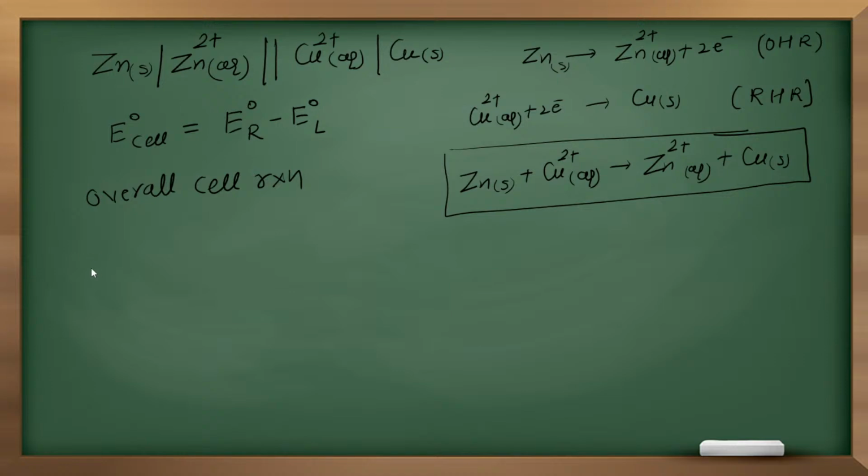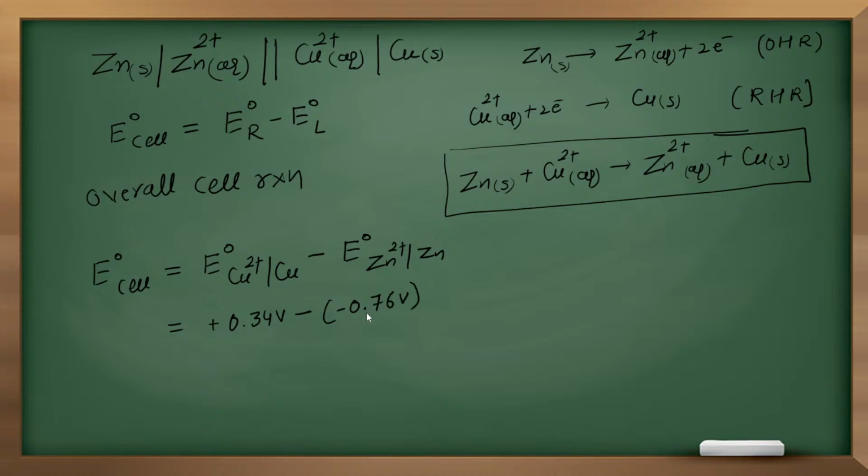So E naught cell is equal to E naught right, that is E naught copper 2 plus copper minus E naught zinc 2 plus zinc. So what is the value of E naught copper 2 plus copper is plus 0.34 volt minus zinc minus 0.76 volt.